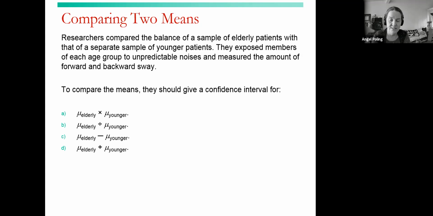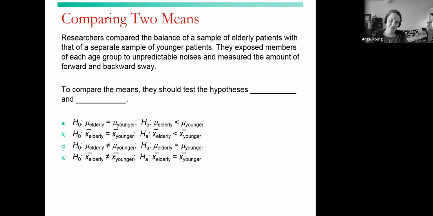And so this is mu2 minus mu1. But nonetheless, we're looking at the difference between, right? We're looking at the difference between these two groups, right? And that's literally the definition of the difference, right? So it isn't any of the other operations, right?